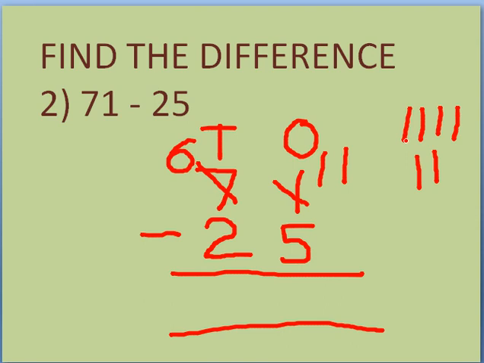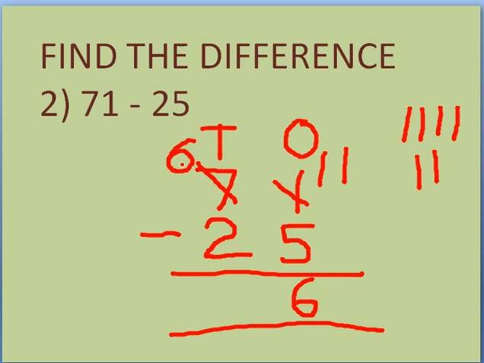Let us count it. 1, 2, 3, 4, 5, 6. So how much is it? 11 minus 5 is 6. Okay. Now subtraction at ones place is done. Now we will go to tens place. At tens place it is 6. Why 6? Because we have taken one 10 from here to ones place.